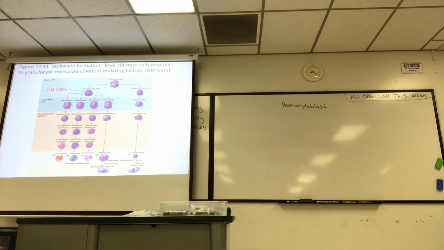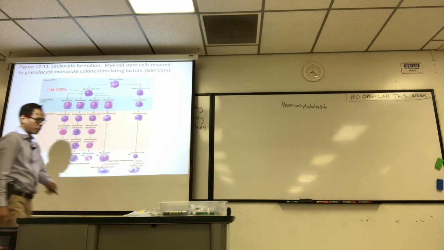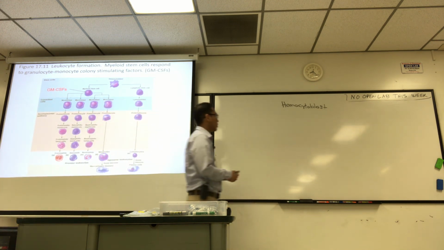So the goal of bone marrow is to produce all the blood cells. Now, this slide just shows the formation of the white blood cells. It does not show the platelets or the RBCs. So to remind you of that, we did talk about it.